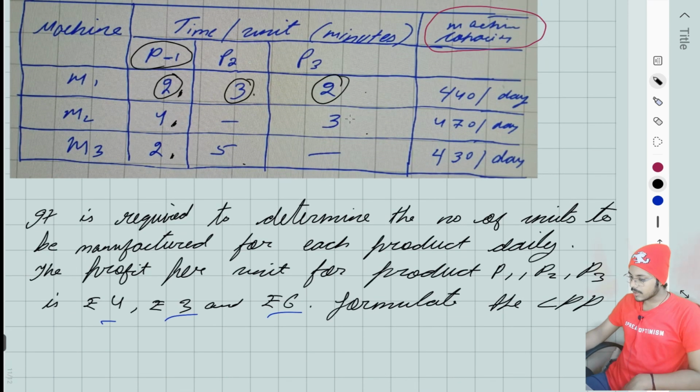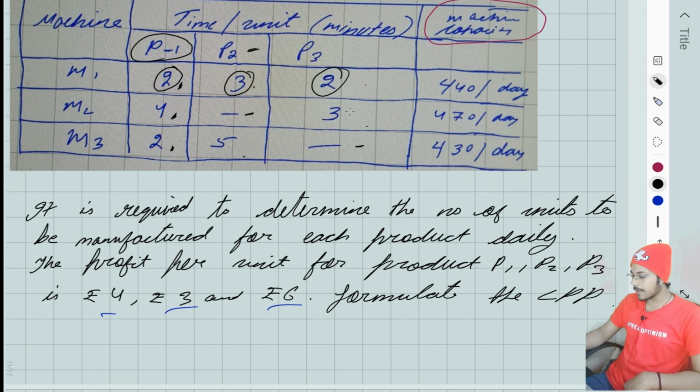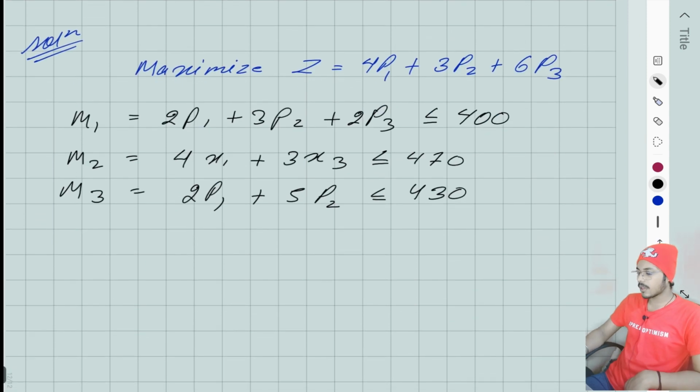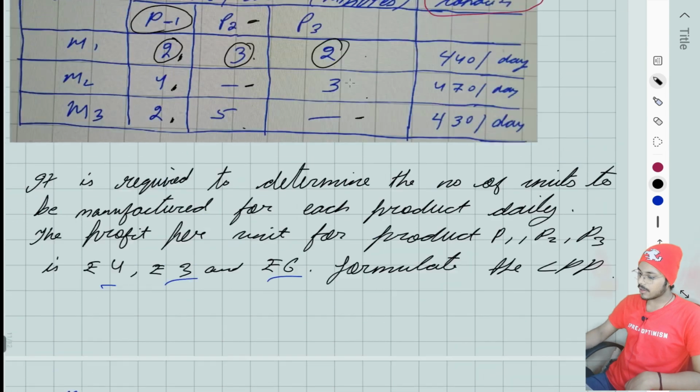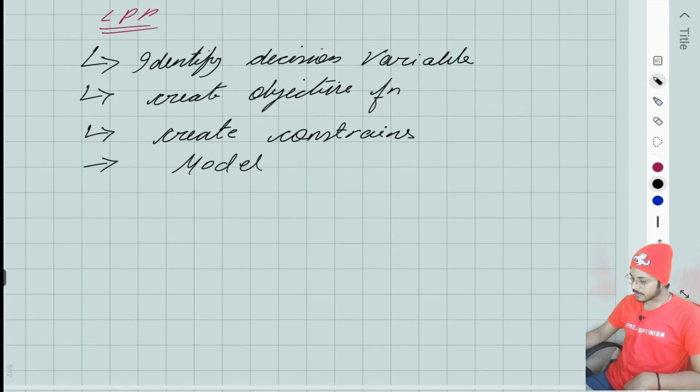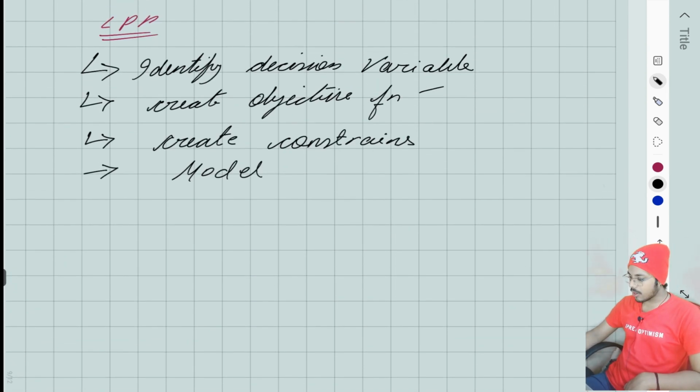You can see in product P2 M2 is not used. In product P3 M3 is not used. So these are the constraints. We have written the constraints. Objective function done, constraints done, decision variables identified, and obviously if you have done these three things your model is also done.